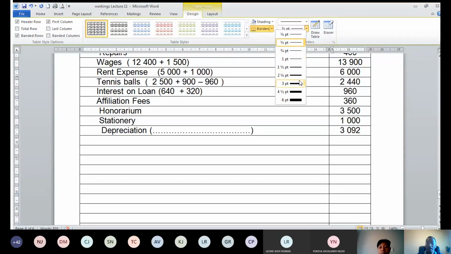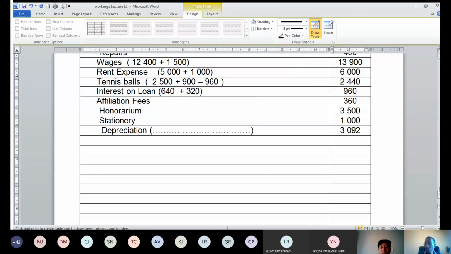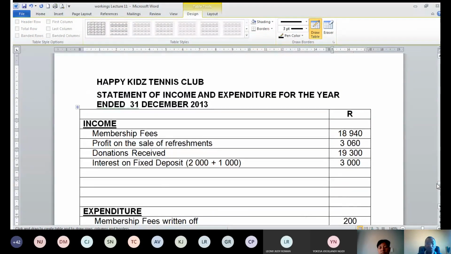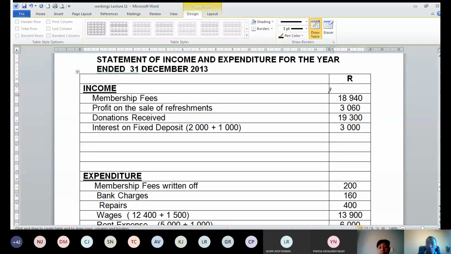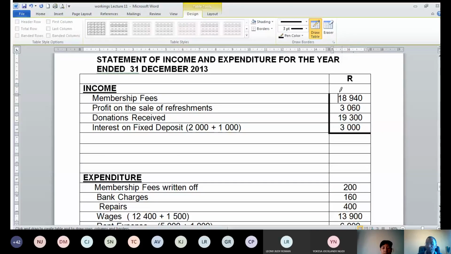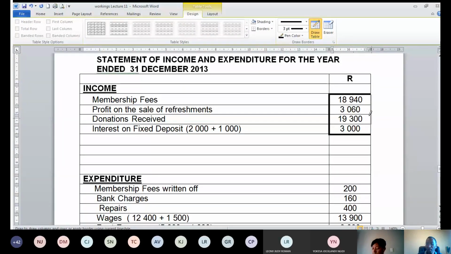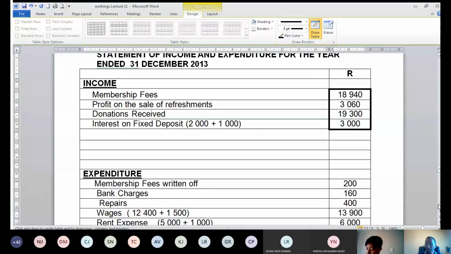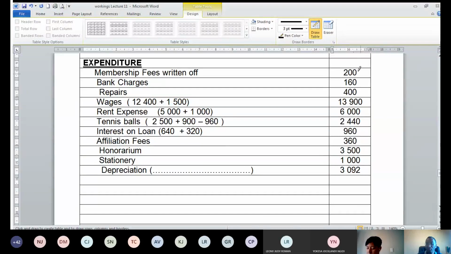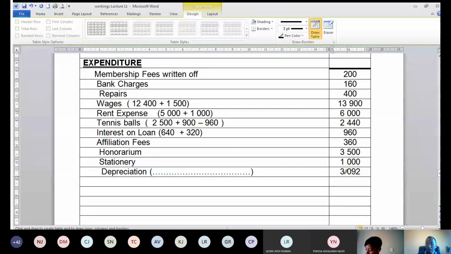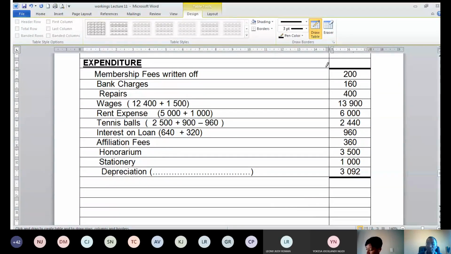So guys, as far as our income and expenditure statement is concerned, we have now accounted for all our income. So we will just block those amounts quickly. We have also accounted for all our expenses. You block your amount of expenses.